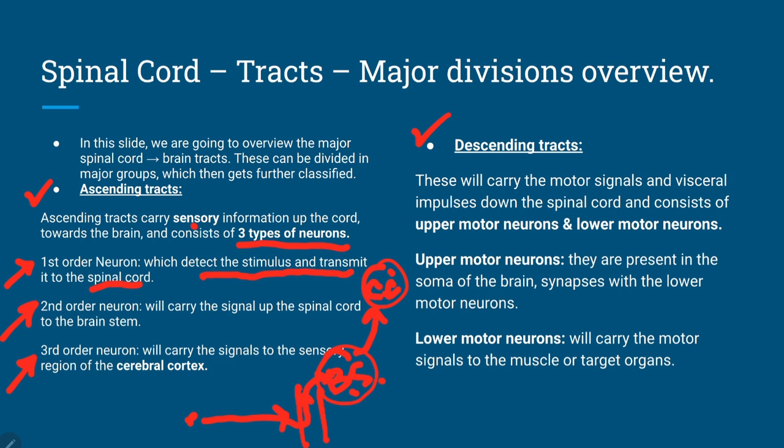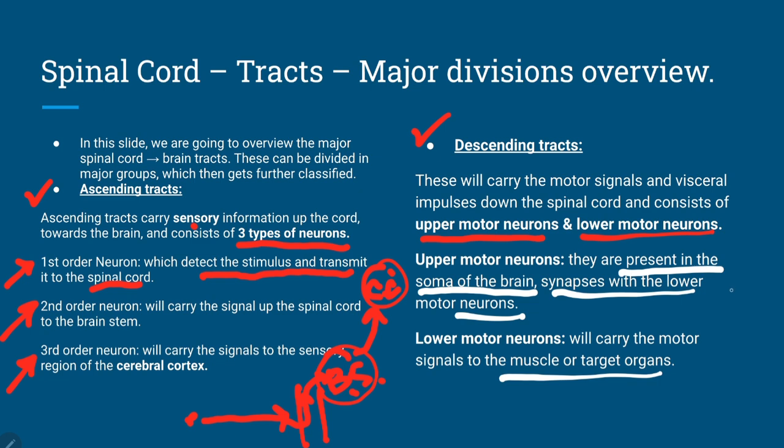The descending tract, on the other hand, has only two types of neurons: the upper motor neuron and the lower motor neuron. Let's look at them. The upper motor neuron is present in the soma of the brain and synapses with the lower motor neuron. And the lower motor neuron will carry the motor signal to the muscles or the target organ. So for example, if this is the brain right here, the upper motor neuron is going to extend from out here.